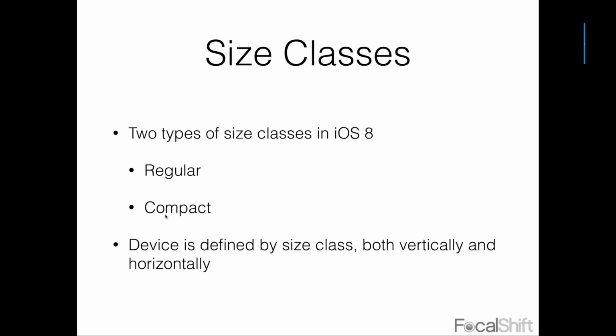So there's sort of a complex matrix now of different characteristics for each view controller in your user interface, all of which are sort of turned on and off based on these size classes.